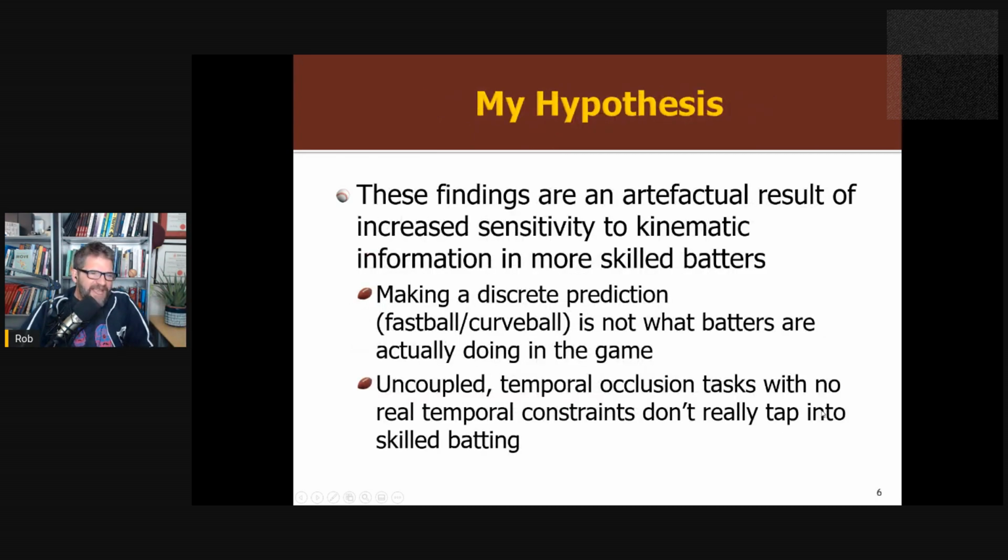However, I have a very different view of this, right? My hypothesis, after looking at this and doing some of this myself for years, is that these findings that people can predict discrete outcomes like fastball, curveball, or serves down the line or not are really kind of artifacts of the fact that elite performers are more sensitive to the information.